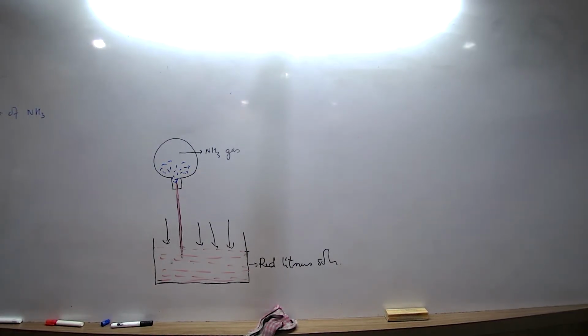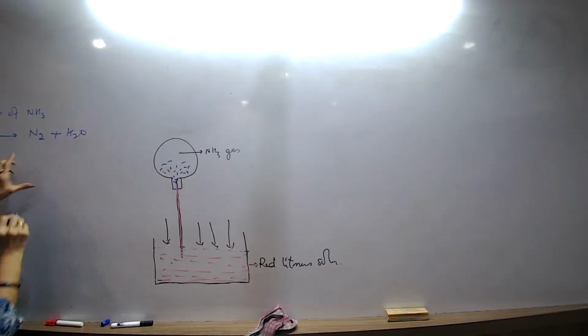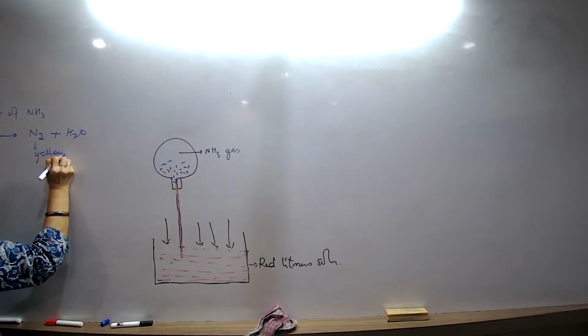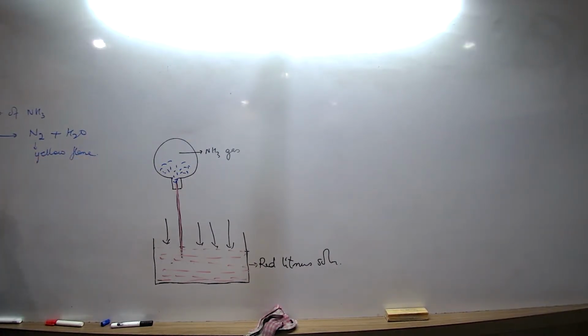Now see, ammonia does not support combustion, but it burns in the presence of oxygen. What do you get? Ammonia plus oxygen will give you nitrogen plus water. This is a yellow, yellowish green flame. Now the experiment is like this.